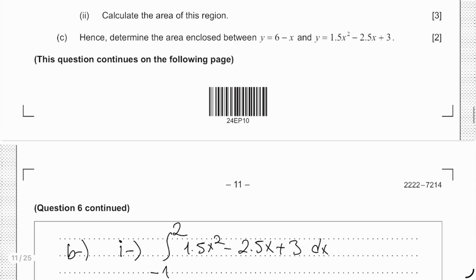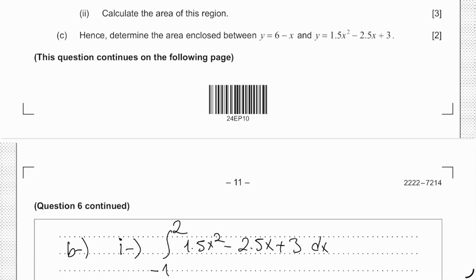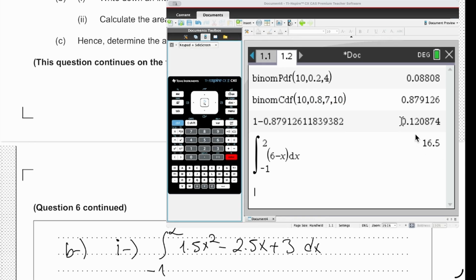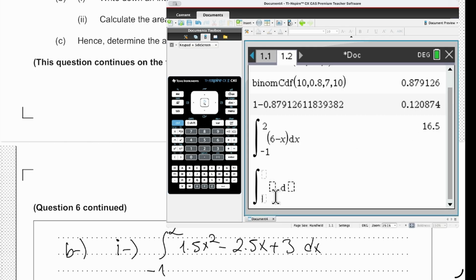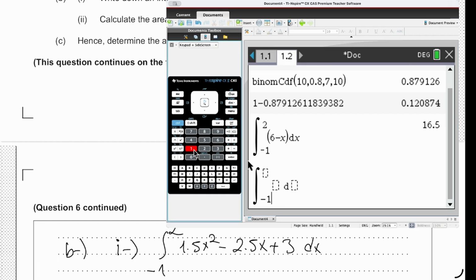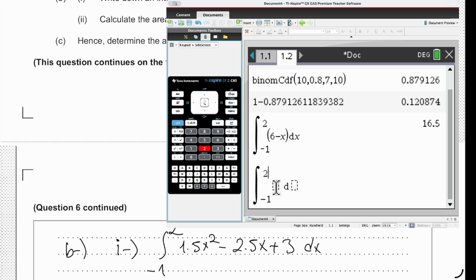Let's do it by calculator. From this button here, and this is the definite integral. -1 to 2, 1.5 x squared.